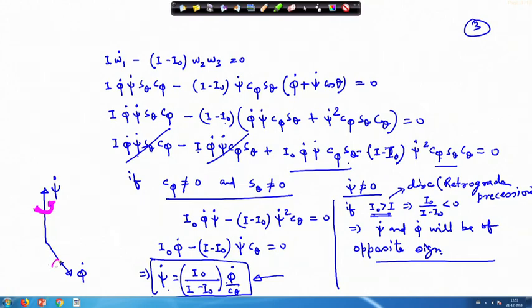So, it is from the downside. You can see these two are in different directions, they do not have the same sense. Okay. So, this is for your retrograde.